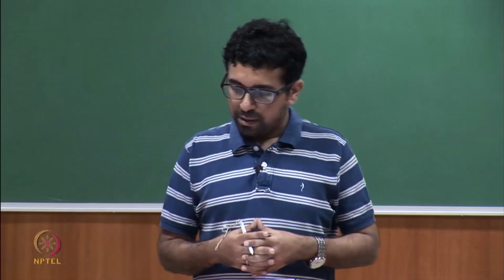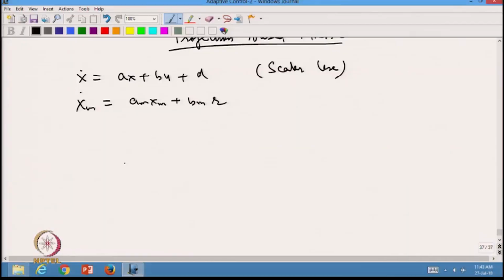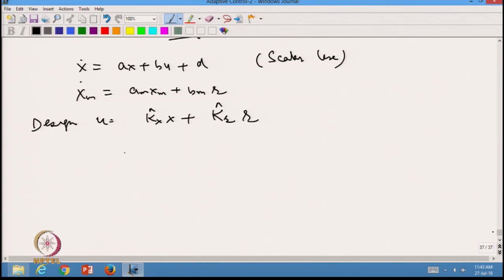Okay. So for a direct MRAC, we design our u to be kx hat x plus kr hat r. Now, what I am going to do is a little different from what we have done so far. I am actually going to combine these two estimates into one.